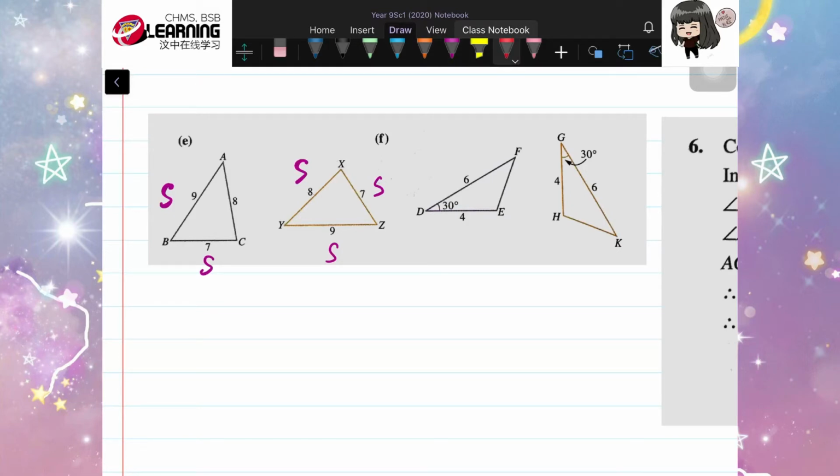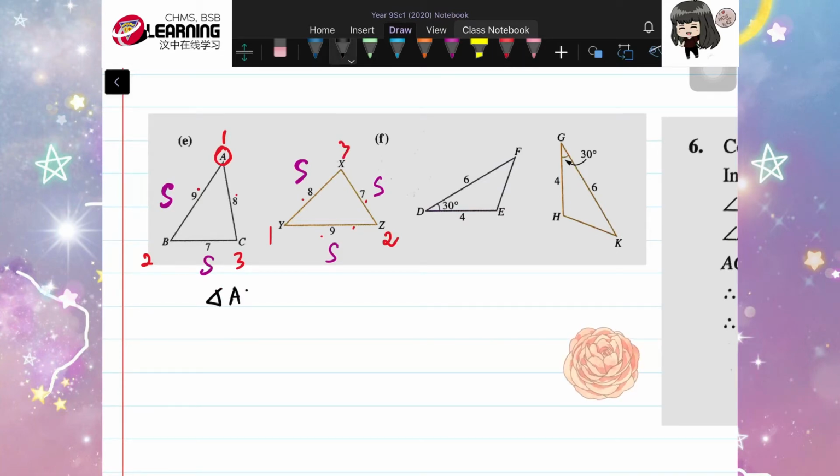Okay, and the order. Let's look at the order. If I start from A, B, C as my first, second, third, the A here is your first one, so it must be in between 9 and 8, so Y is your first one. Your second one, B, is in between 9 and 7, so Z will be the second one because it's also between 7 and 9. And this is your third one.